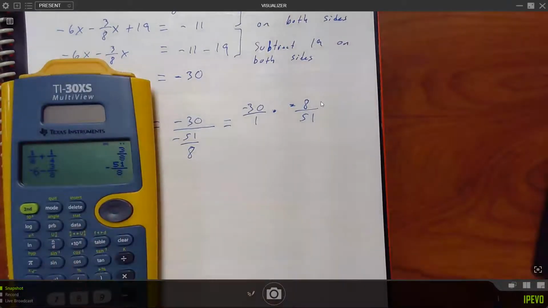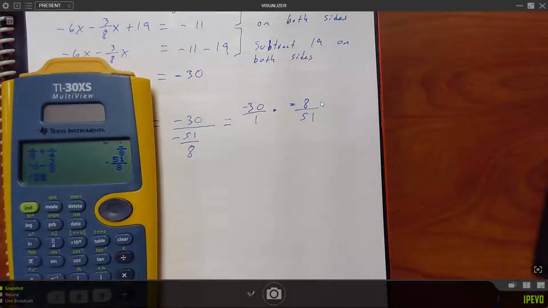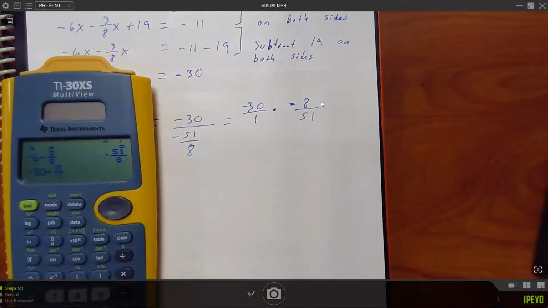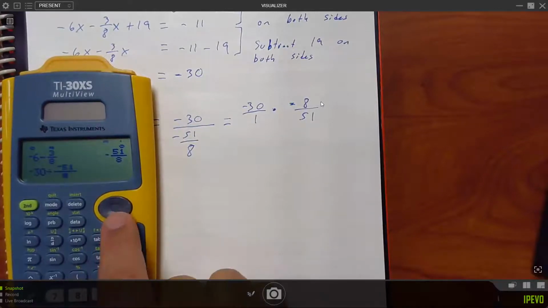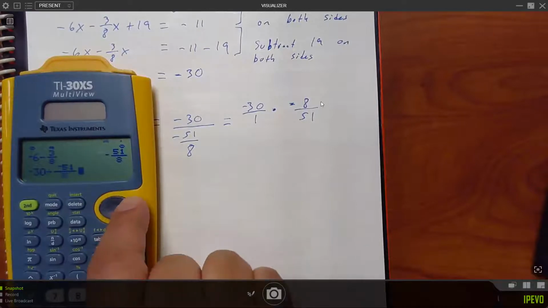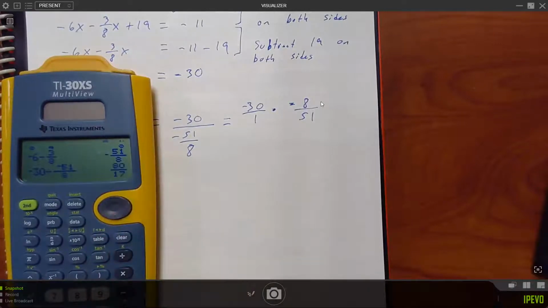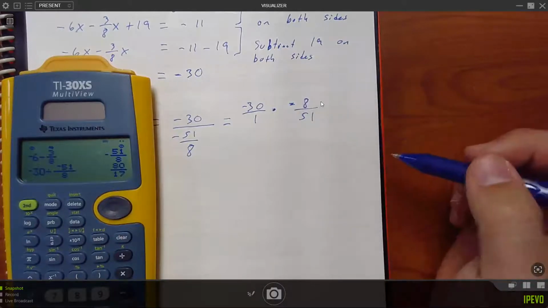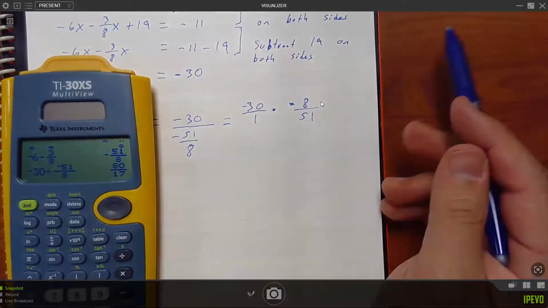So I have a -30 divided by a fraction that is -51/8. So yeah, that would be positive. So if you were to multiply across and reduce, you're going to get this guy. Okay.